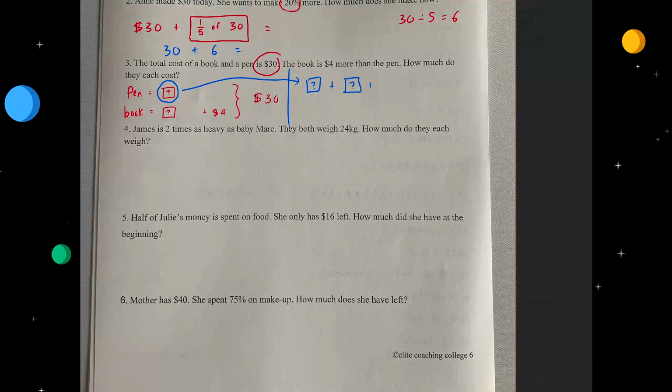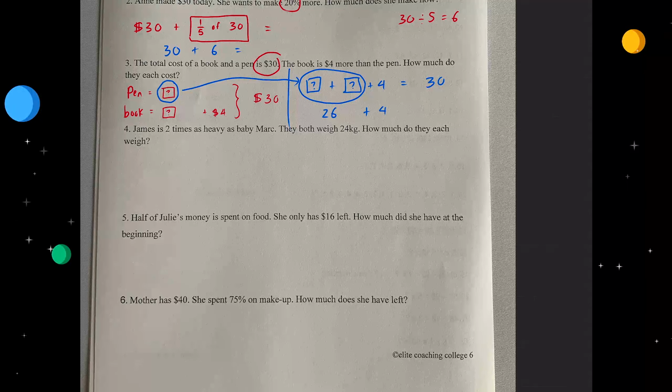So now this says that both of these add to 24 kilograms. So altogether, let's add them all together. We don't know what they are, but we know they're all the same numbers. How many of the numbers do we have?